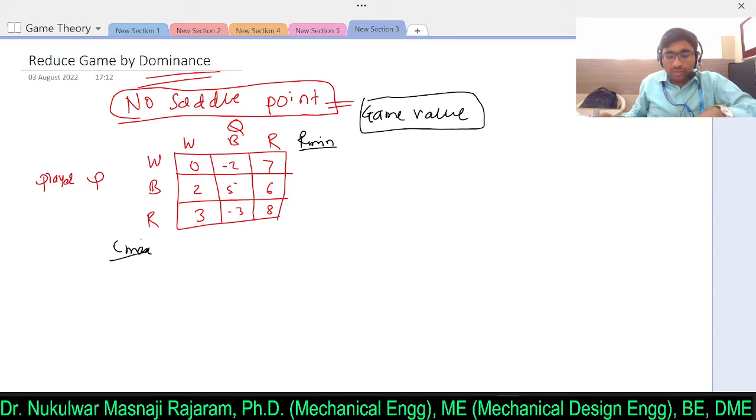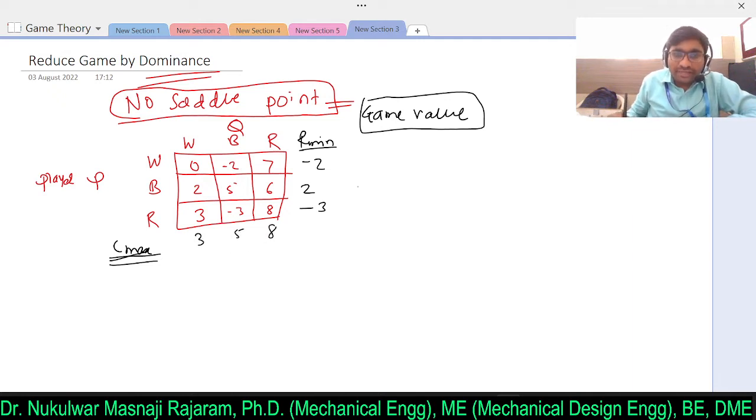For that you can watch my previous video related to the saddle point. Here we consider the minimum value from each row, that is minus 2, and here there is 2 and minus 3. For the columns we use column max, so here I will consider 3, 5 and 8.